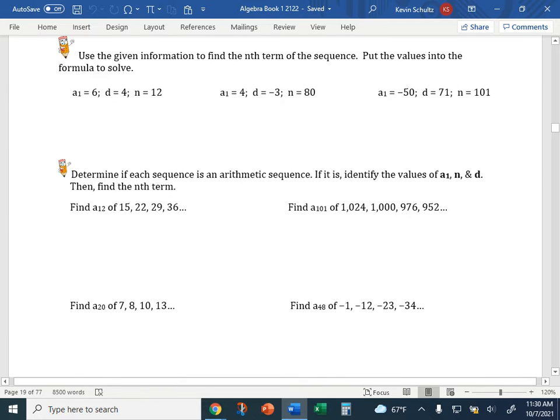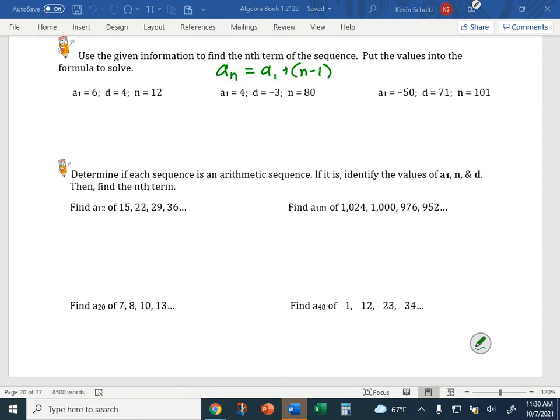Okay, so now in the next section, now we add N, right? And we're saying use the given information to find the nth term of the sequence, put the values into the formula to solve. So again, here's the formula. AN equals the first term plus, in parentheses, n minus 1 times D. Why do you subtract 1 again? Why in the formula are we taking that n value and subtracting 1?